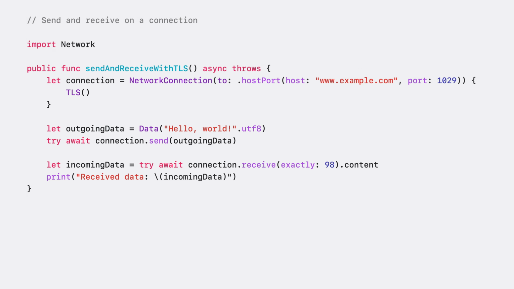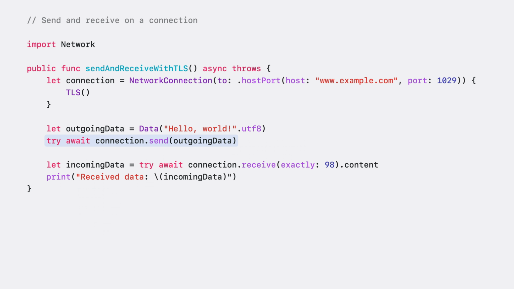Okay, now you know how to make a connection. So let's start using it to send and receive data on the network. Send and receive are both asynchronous functions, and both will start the connection if it hasn't already been started. Send takes a data object and suspends the task until Network Framework has processed the data.